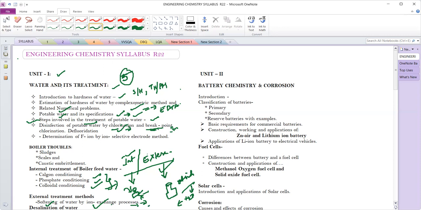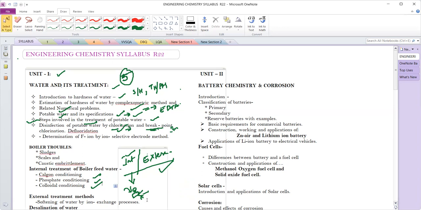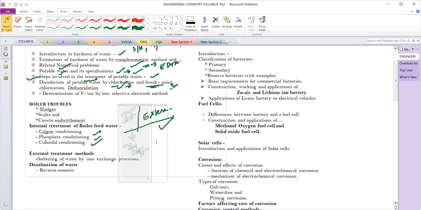During the process of ion exchange, the resins that are used actually become exhausted. Understand? So when they become exhausted, how are those resins treated to make them usable in the process again?